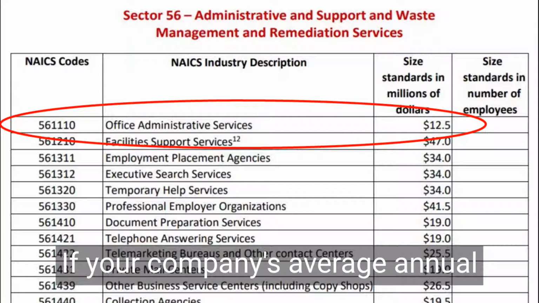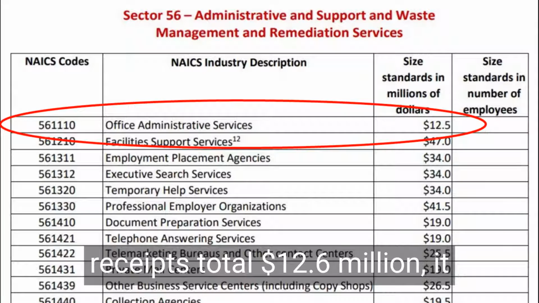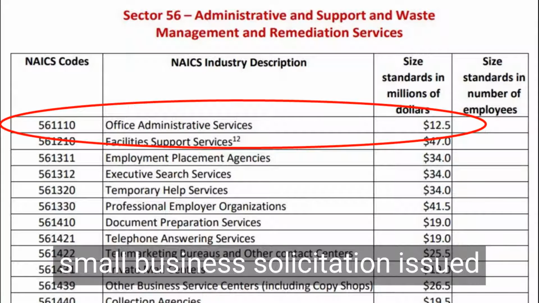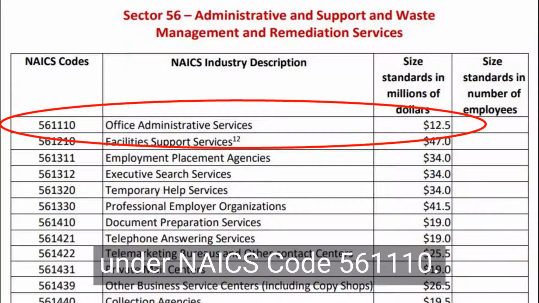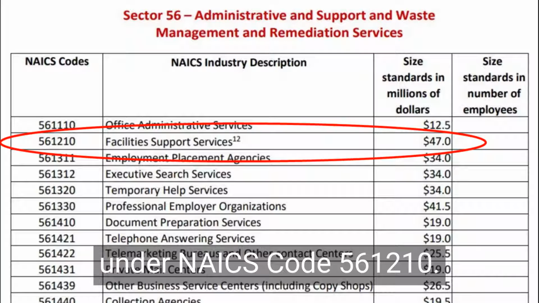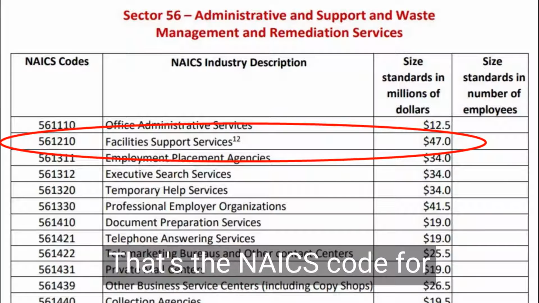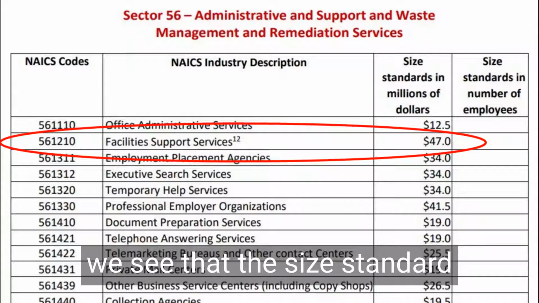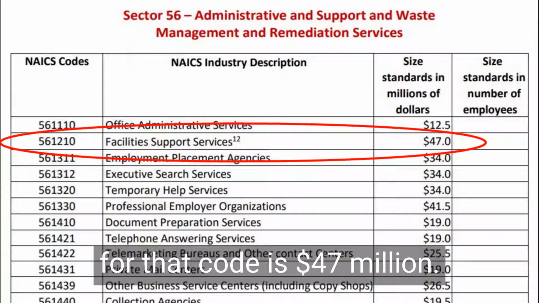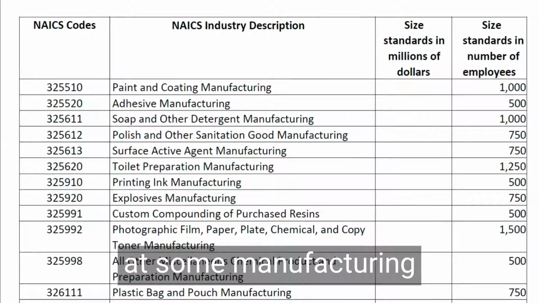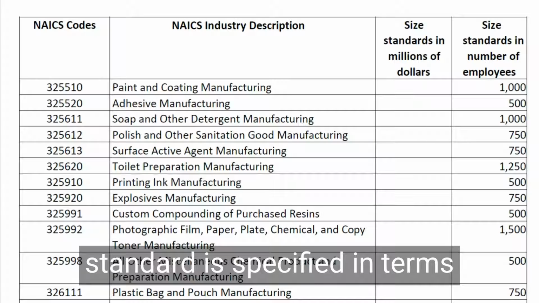If your company's average annual receipts totaled $12.6 million, it wouldn't be eligible to bid on a small business solicitation issued under NAICS code 561110, but it would be eligible to bid on a small business solicitation under NAICS code 561210. That's the NAICS code for facilities support services, and we see that the size standard for that code is $47 million.